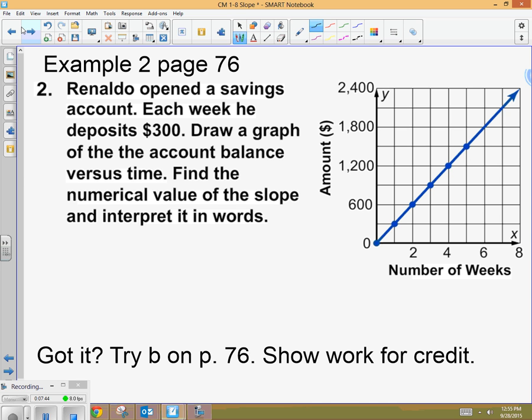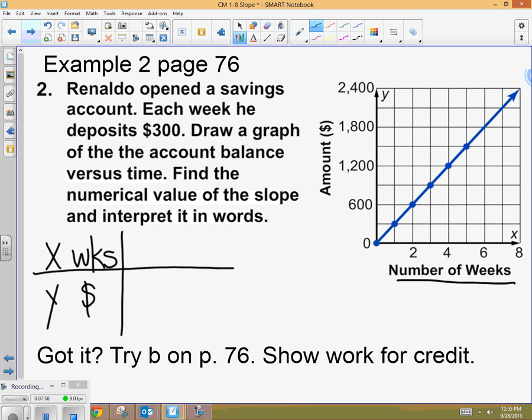In order to graph, I need to create a table for my X and Y. X axis is the number of weeks, and you can see that there. The Y axis is the amount in dollars. So I'm going to start at 0.